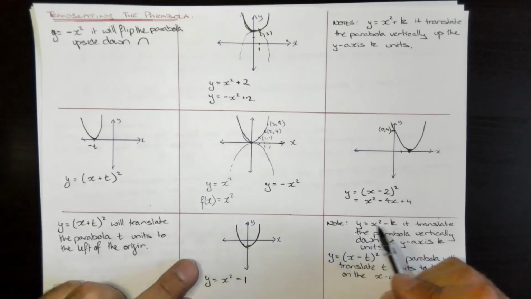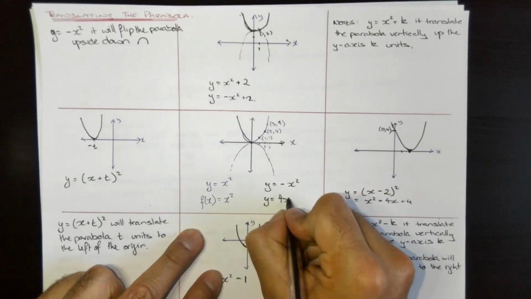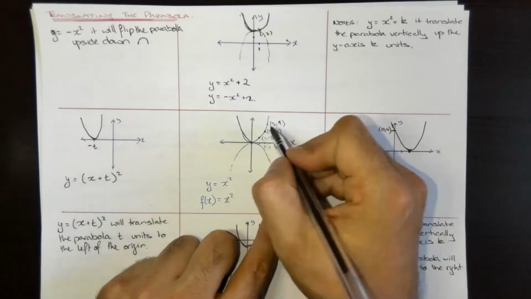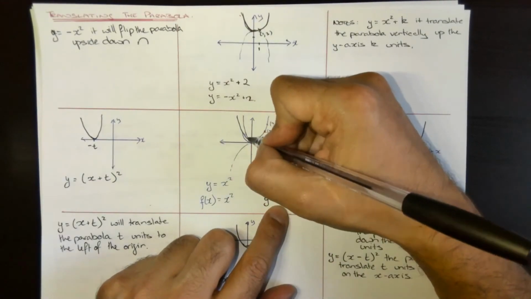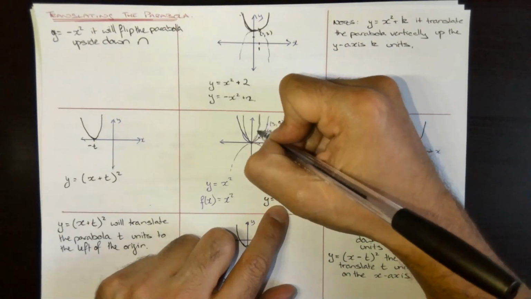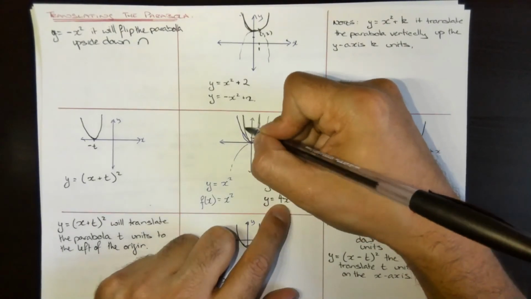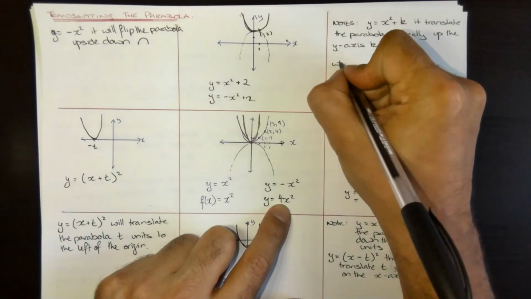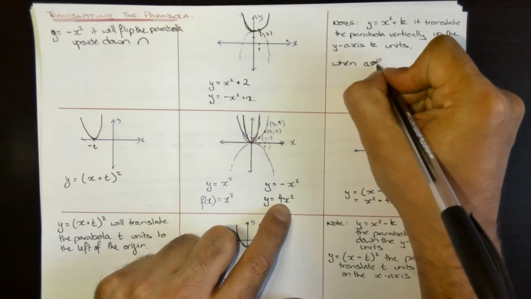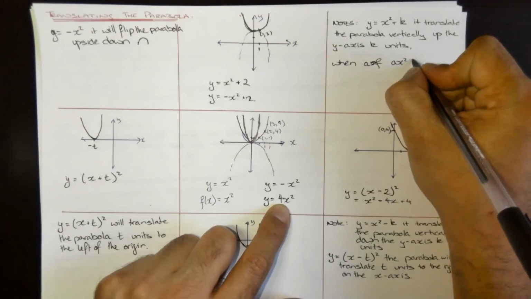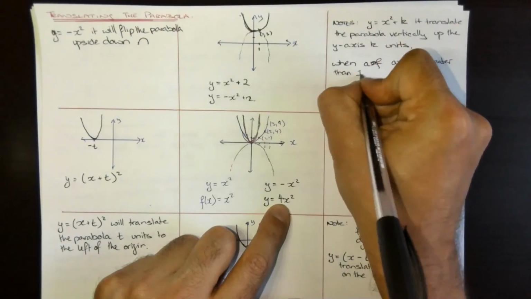Another thing to note, say for example we had y equals 4x squared, so it's still x squared, still a normal parabola, but we've got a multiplication of 4. That means that the parabola will change drastically and become narrower. So how fast its squared value will increase is multiplied by 4, and so it will make the parabola much narrower. So when a of ax squared is greater than 1, the parabola will be narrow.